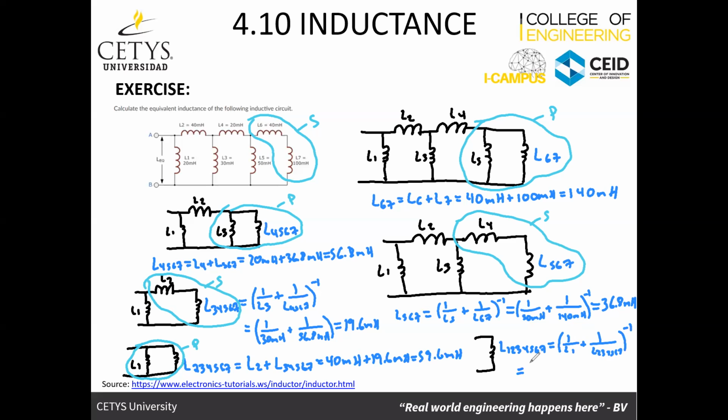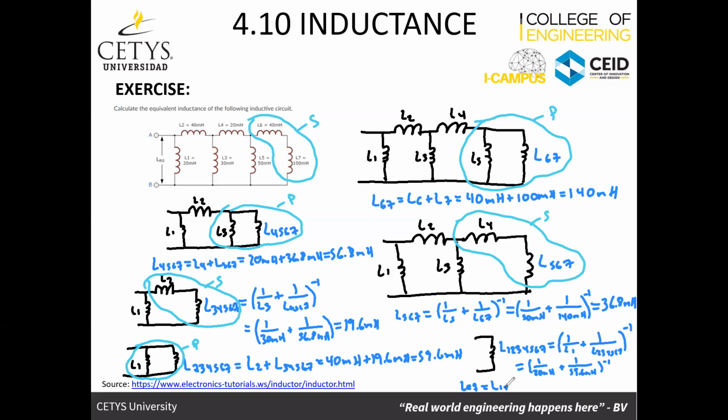And this is going to be equal to 1 divided by 20 plus 1 divided by 59.6, all of this to the minus 1, and this would give us the total result, which would be the equivalent inductance.